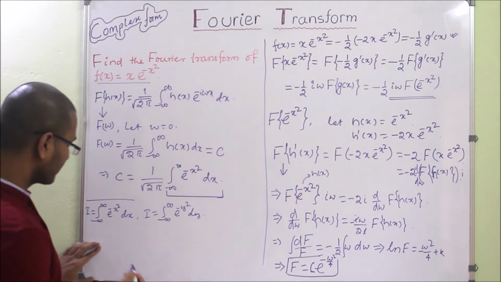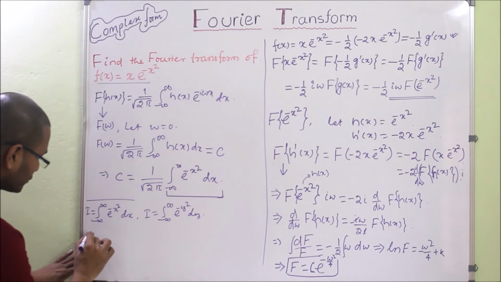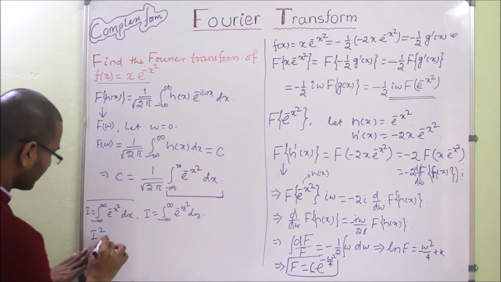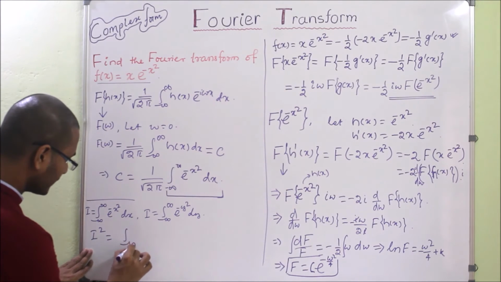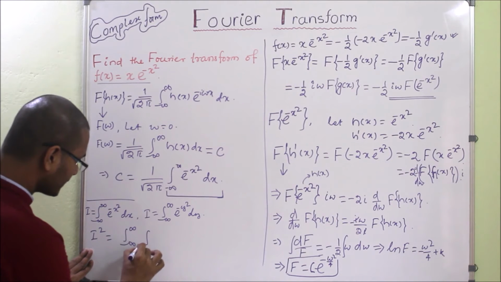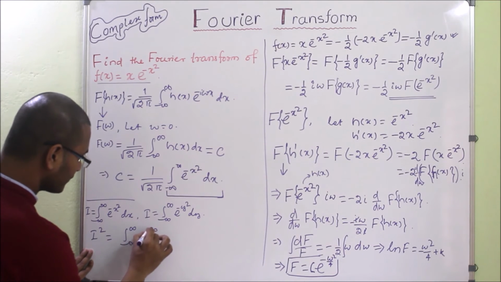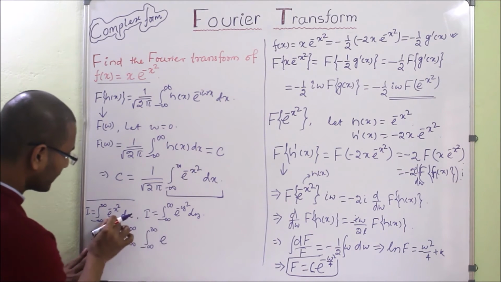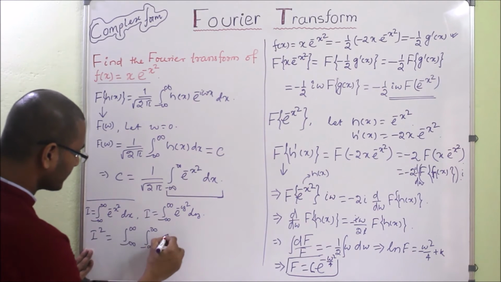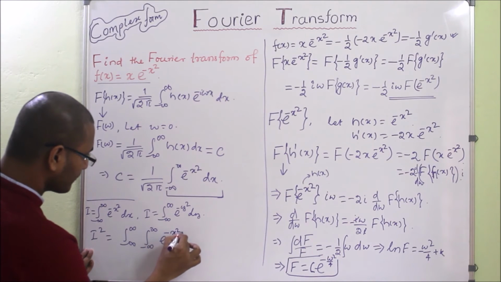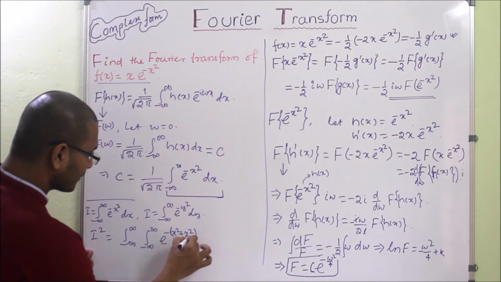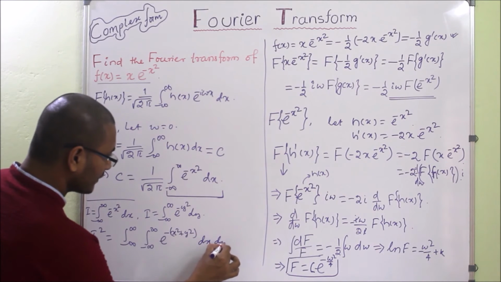We can write it. So if I multiply those two, we will get I square. So I square will be integral from minus infinity to infinity, again another integration from minus infinity to infinity e to the power, if I multiply these two, it will be e to the power minus x square plus y square dx dy.